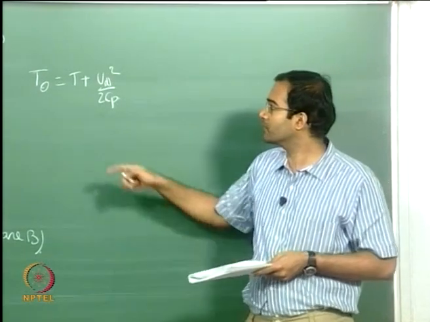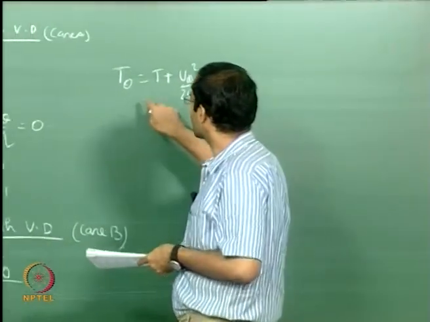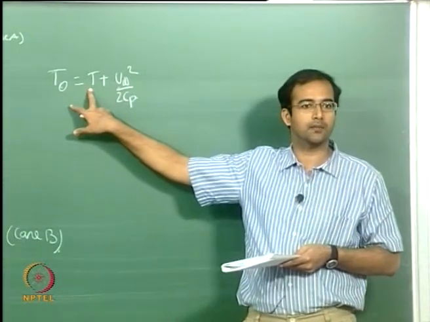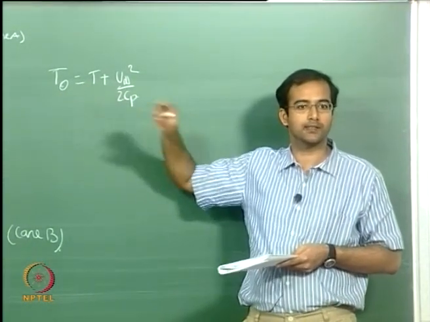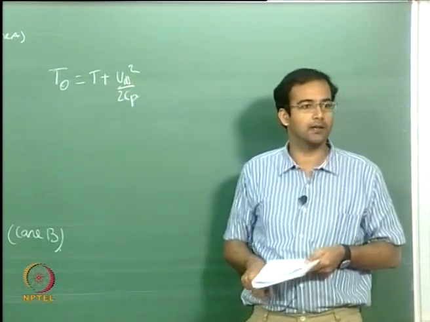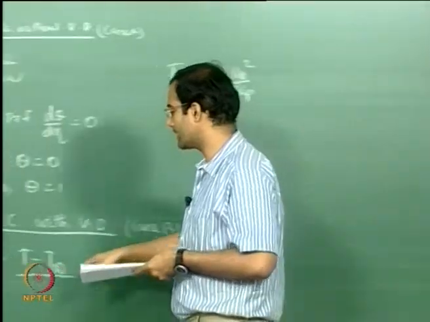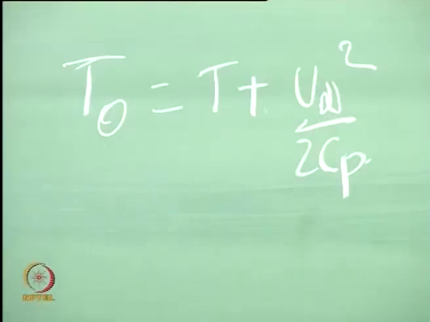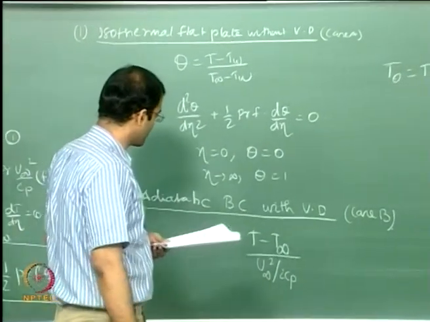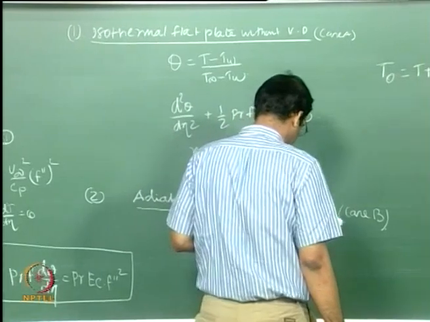So I am going to call something like my delta T, which is T naught minus T, and the dimensionless quantity will be something like U infinity square by 2 Cp. So this is the delta T that I am going to use to scale theta.